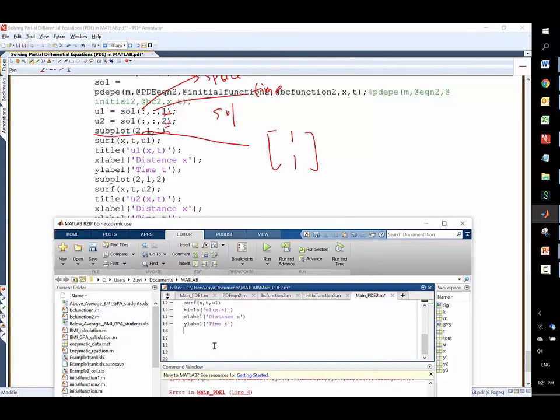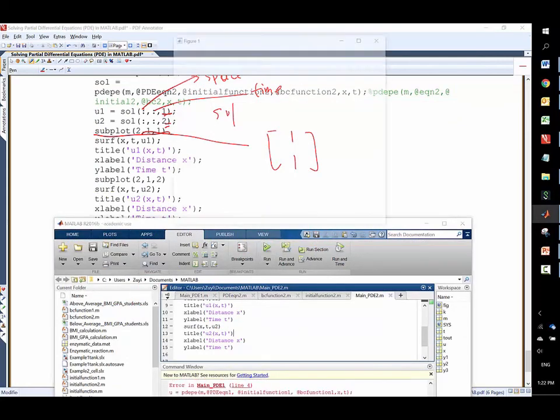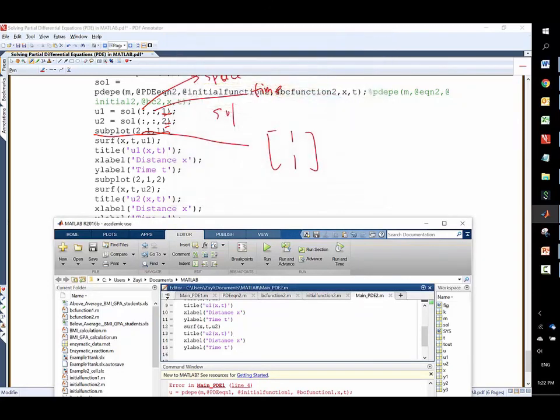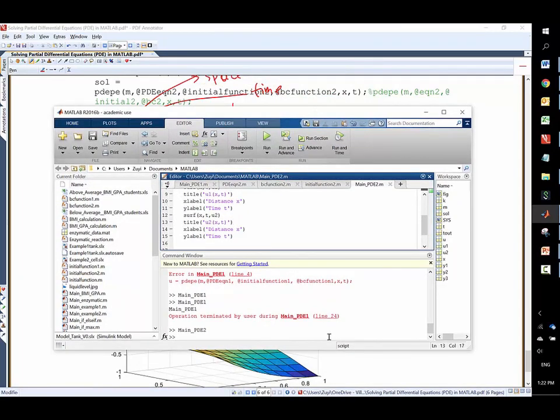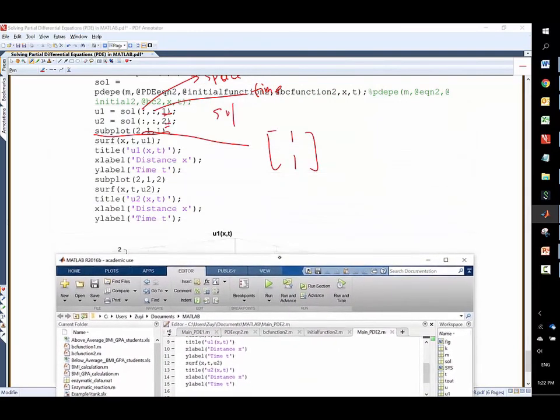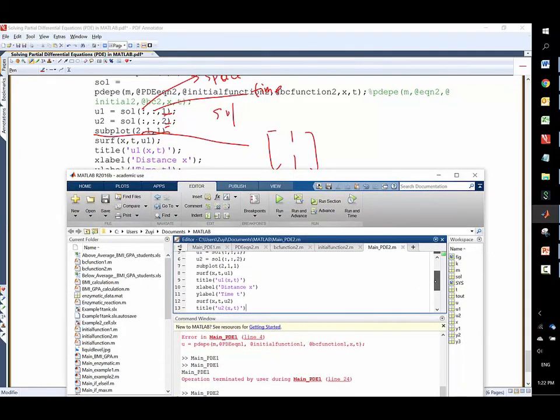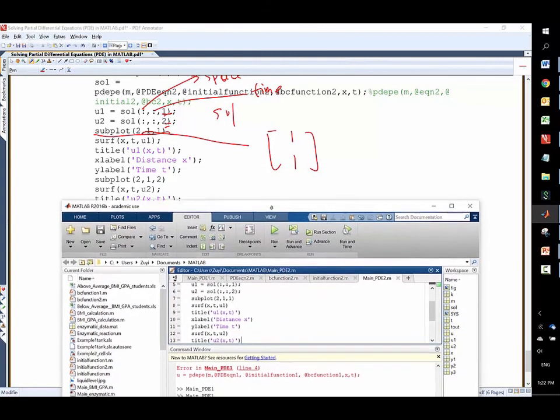Okay, and then we get the second figure, right? Just copy. And here this should be U2, and then this should be U2. Other things are the same. Save it. Okay, now hopefully we get a result. So we get the first one, we get a U2. I don't know why we can't get the first one. Let's see. Oh yeah, I forgot.